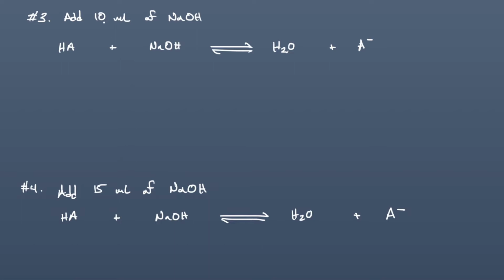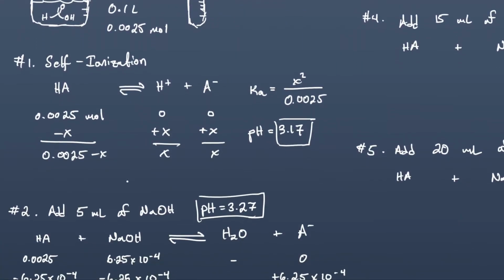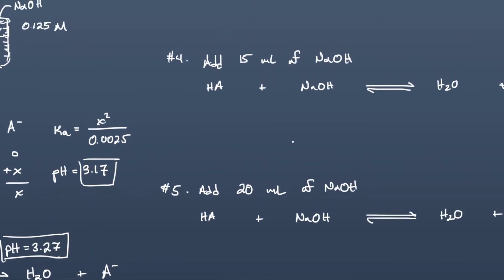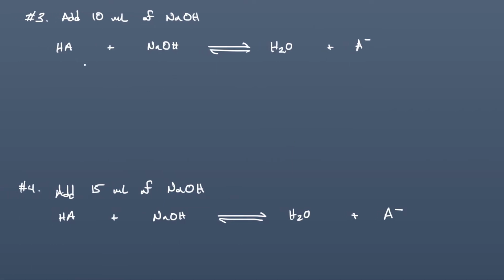So the next step here is we want to add 10 milliliters of our sodium hydroxide solution. Here our x coordinate was 5, our y is 3.27. Here our x coordinate is 0 because we didn't add anything yet. We have 3.17 here. So we're slowly creeping up, which is good. But now our x coordinate is 10, and we want to see what we do here. So again, we have 0.0025.